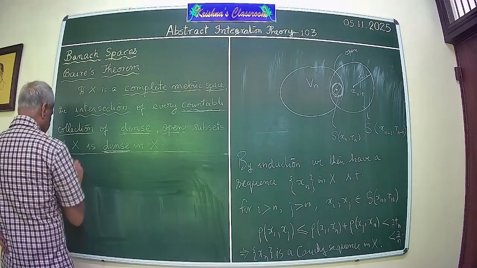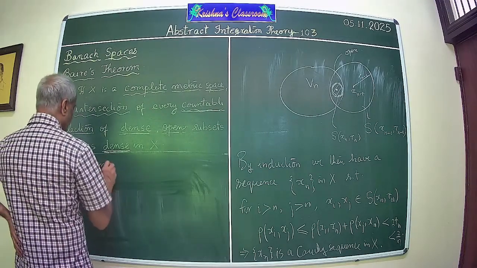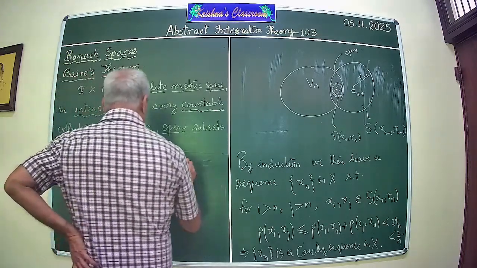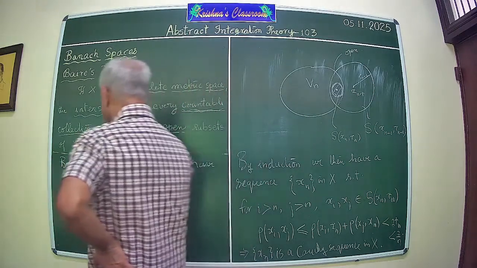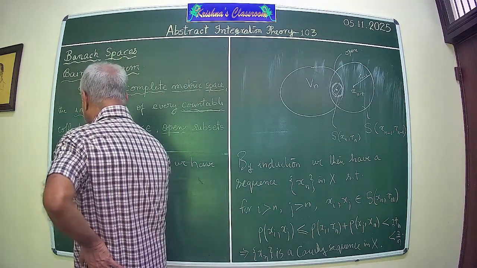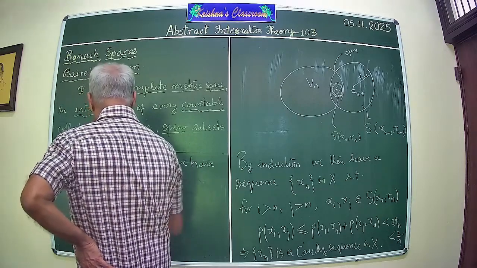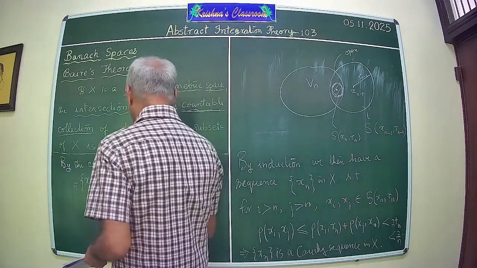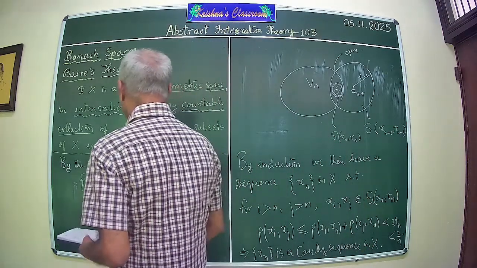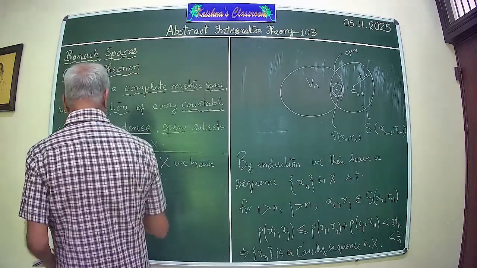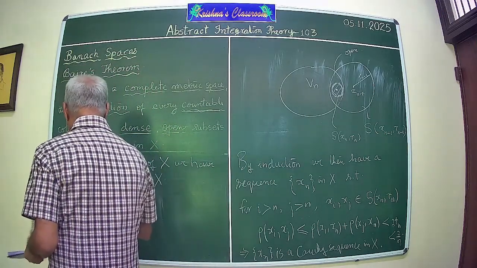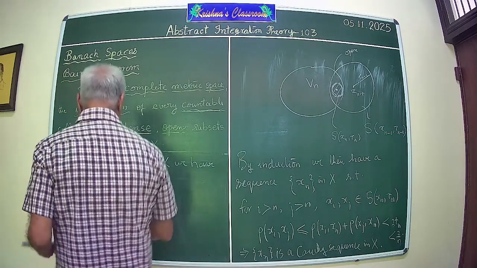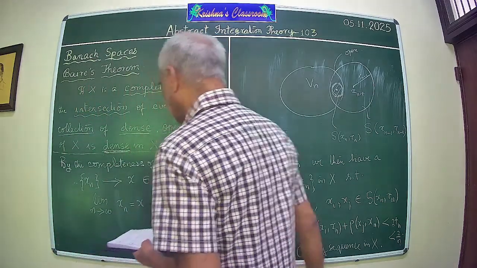By the completeness of X, we have the sequence xn converging to some element, say x, belonging to X, that is limit n tending to infinity of xn is equal to x. And x is of course in X.